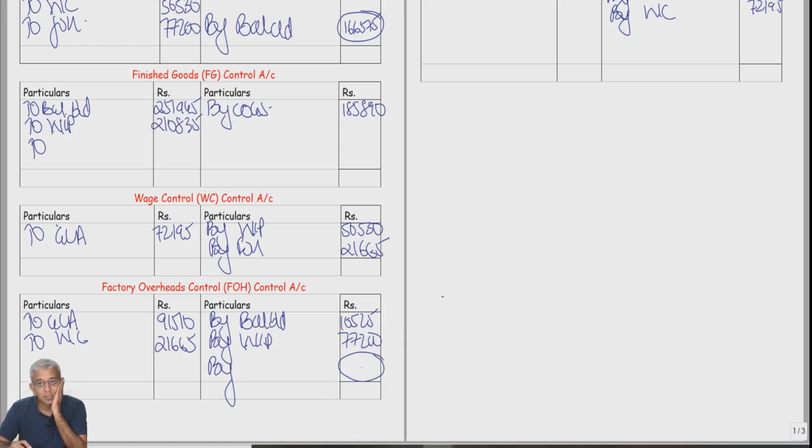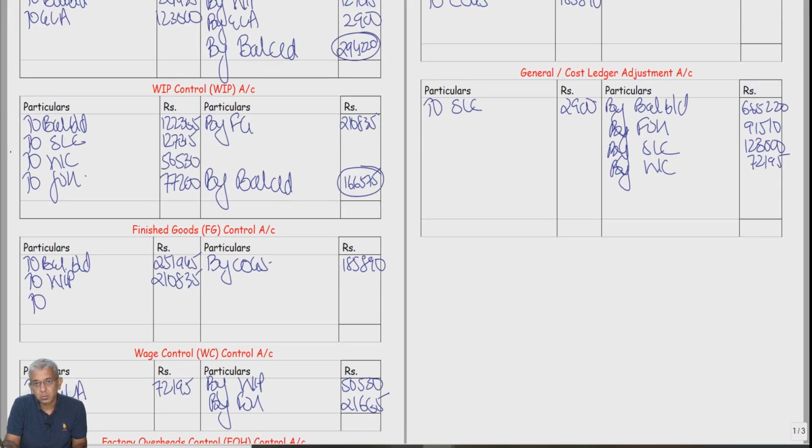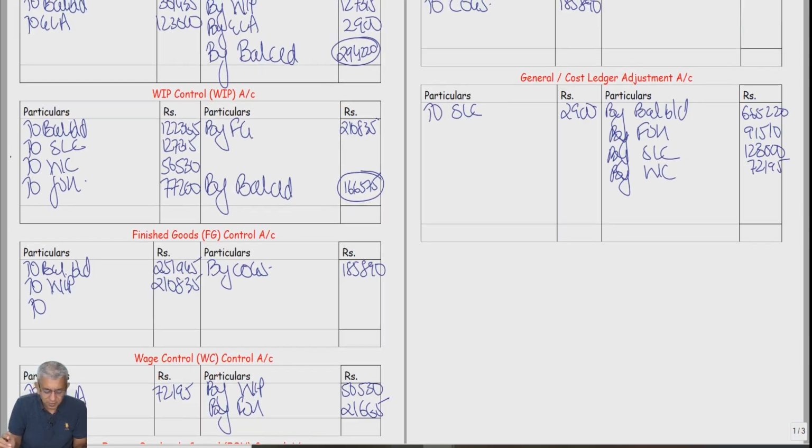Get me this balancing figure also, please. Okay, that comes to how much? 172,575. Everybody just verify, please.